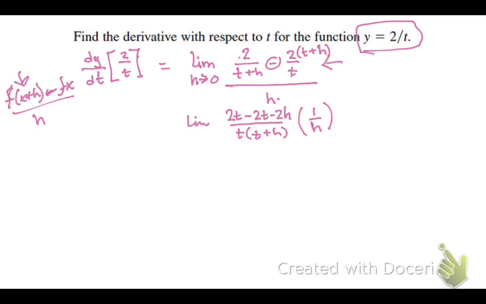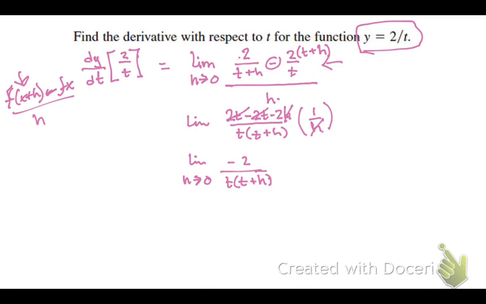All good? Okay, so I have the limit as h approaches 0, these two are going to zero out. So I have negative 2. Can I reduce these h's? Yeah. Okay, negative 2 over t plus h.